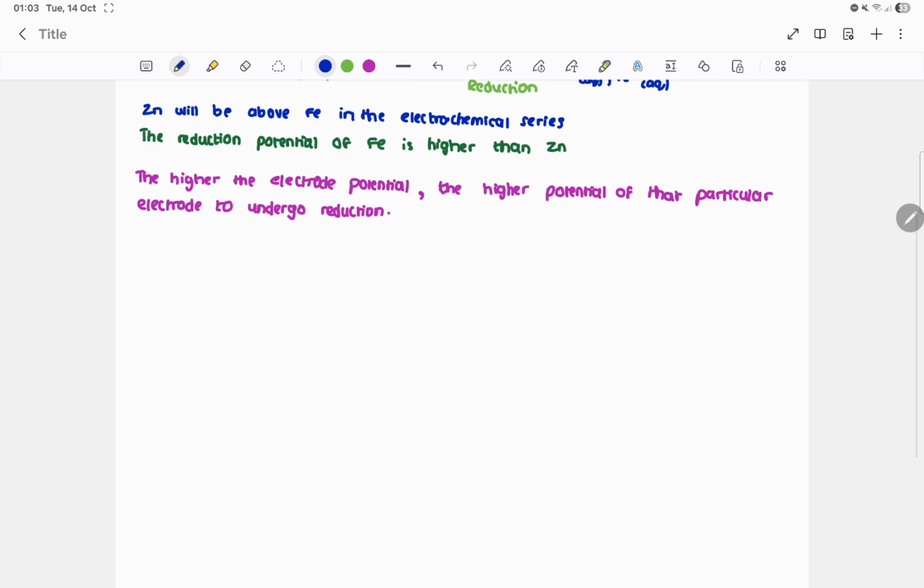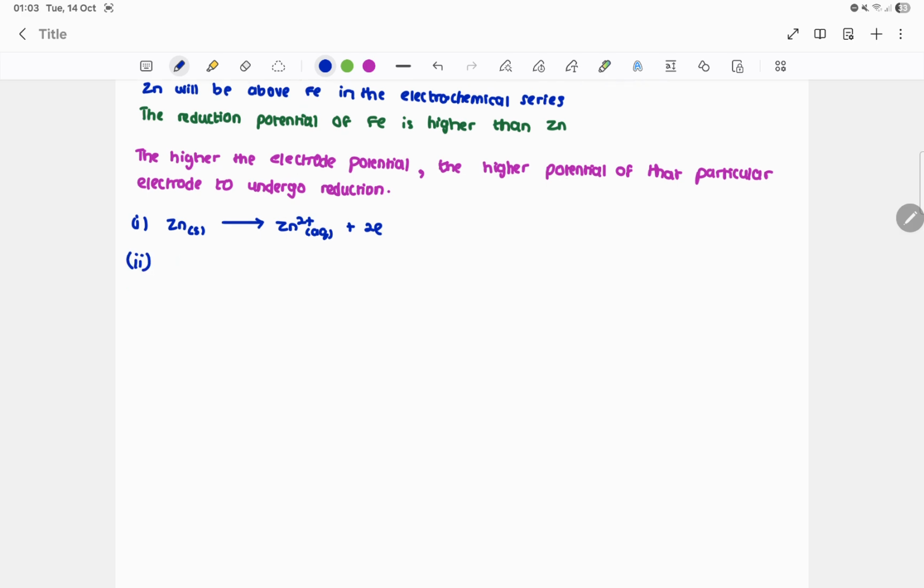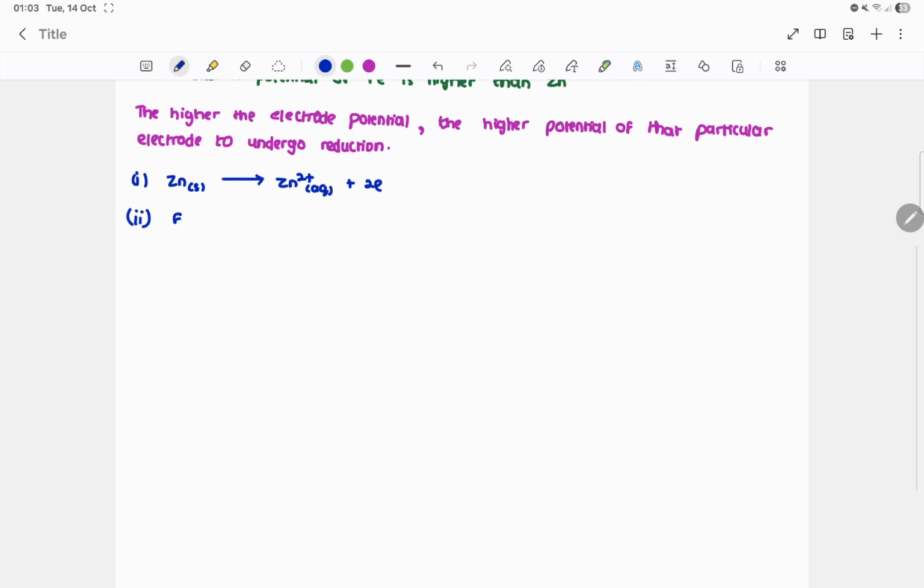We are supposed to write the anodic reaction and cathodic reaction. At anode, zinc solid will oxidize to Zn2+ aqueous plus 2e-. At cathode, Fe3+ aqueous will reduce to Fe2+ aqueous.